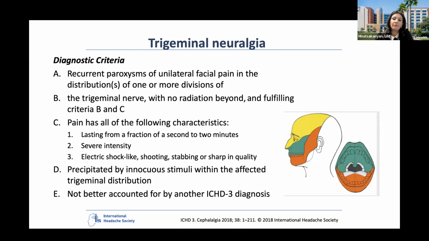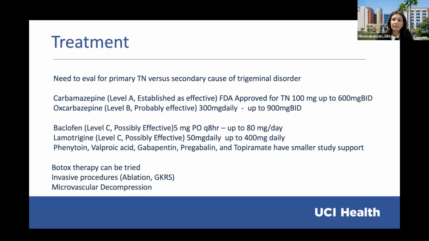It's one-sided and follows the trigeminal nerve distribution, with one of the branches involved, the most common branch being V1. It lasts a really short time, a few seconds or a minute, and it can be precipitated by innocuous stimuli within the affected nerve distribution.